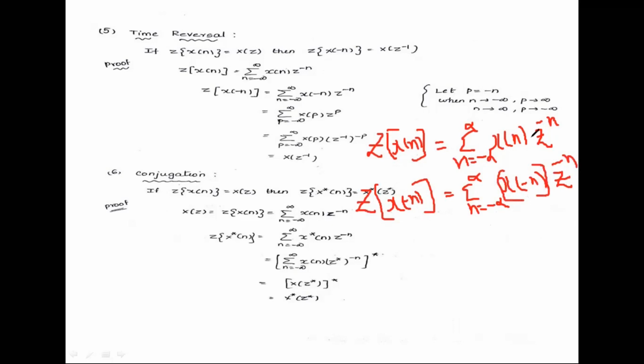Or if you think that n is replaced by minus n, what happens here? The z power minus n becomes, so replacing n with minus n, z power minus of n is now minus n.